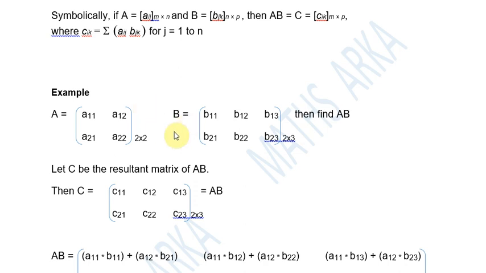Let's now jump to the example, because that would be a much easier way to understand the concept of matrix multiplication. So here A is this general matrix, B is this general matrix. Now we need to find the product AB. First of all, the number of columns of the first matrix should be equal to the number of rows of the second matrix.